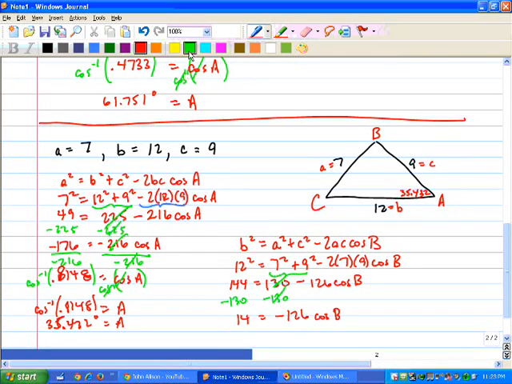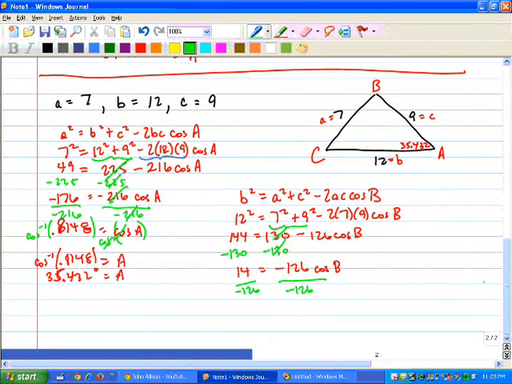Divide both sides by negative 126. Cancels on the right, leaves me with cosine B. On the left, we get 14 divided by negative 126. That's negative 0.111.